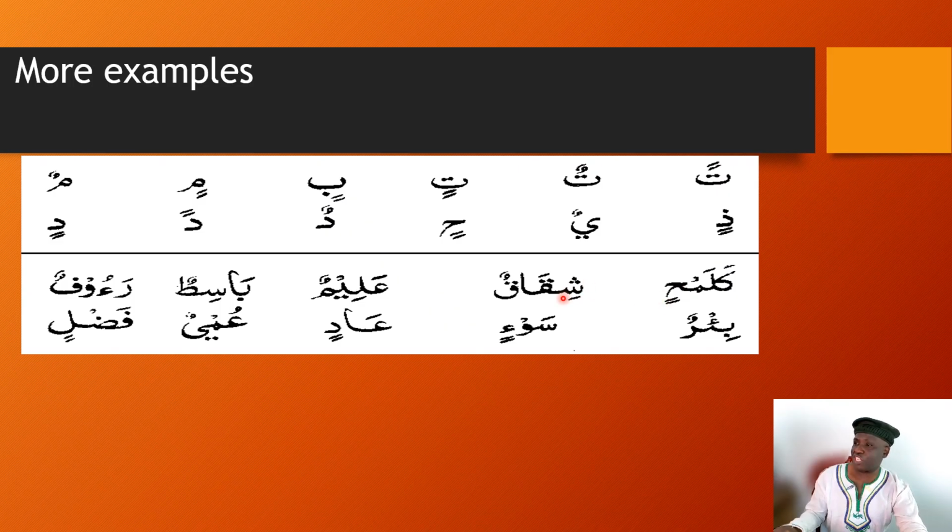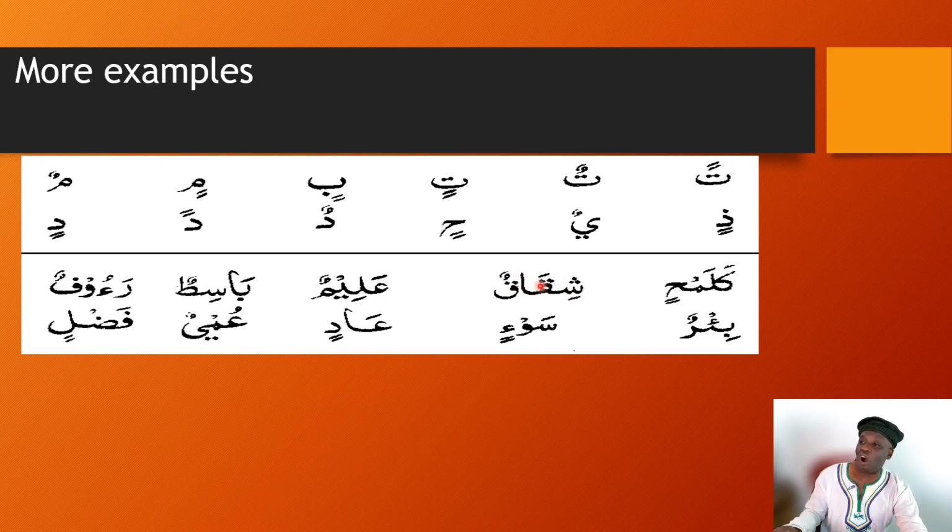Then you have here shin with kasr, shi, qaf with fatha, qa, and qaf with alif and fatha, qa. So when you see qaf combined with alif like this, it means you have to pull, you have to lengthen the pronunciation of qa.